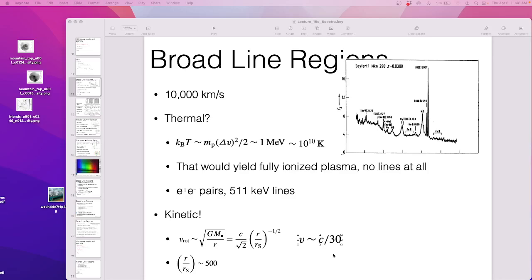So v squared is GM over r. M is really big, so v is going to be really big, unless r is also really big, and then you're not around the black hole anymore. Once you're around the black hole, then the velocity is very large. So we get a large velocity because the gas is spinning around the black hole.